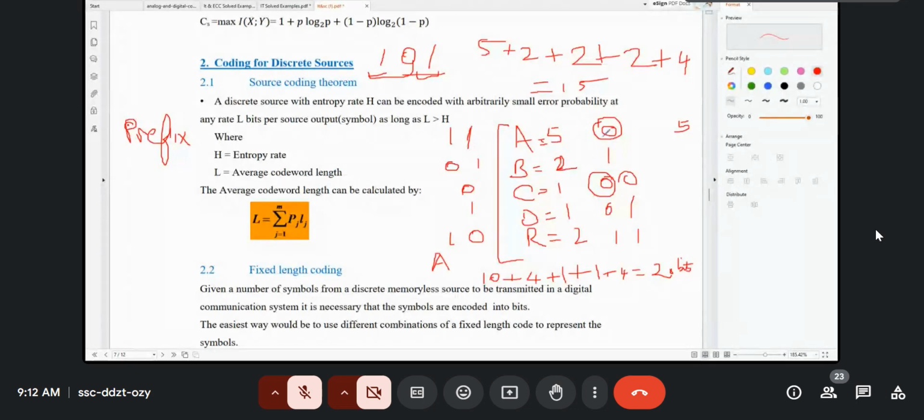It also becomes a prefix of D. And of course, B becomes a prefix of R.